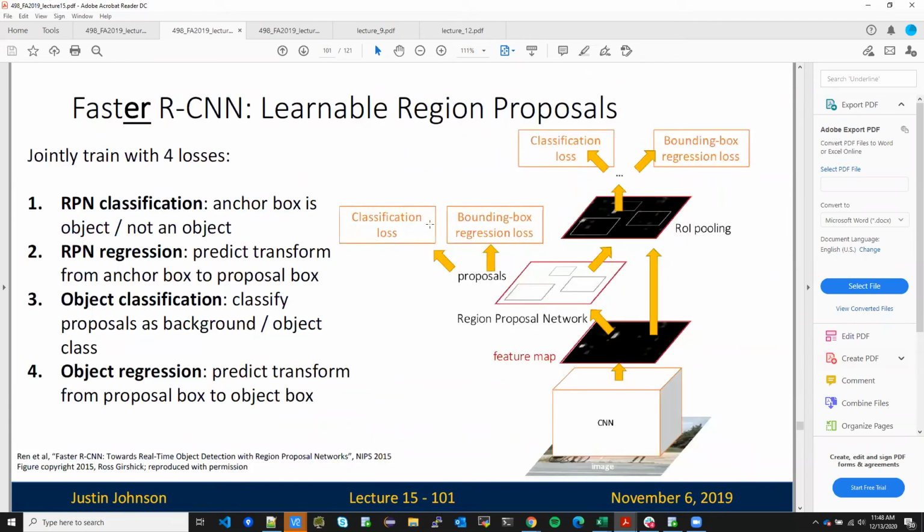So this gives you the summary of the four losses for faster RCNN. You ask, is there an object or not in the anchor box? RPN just stands for region proposal network.